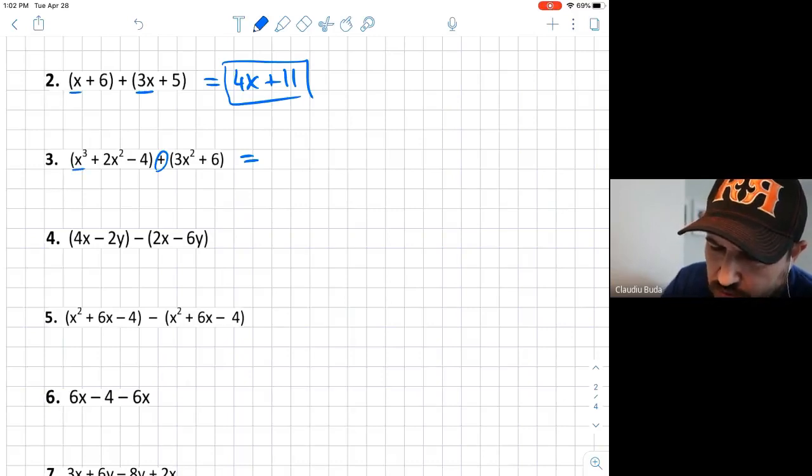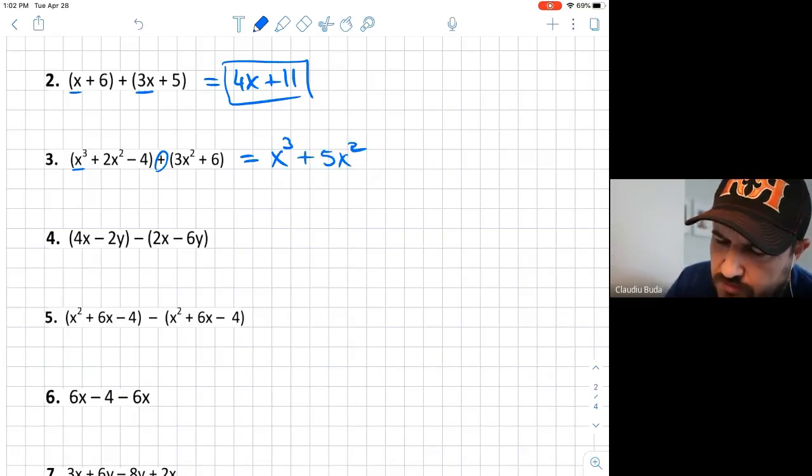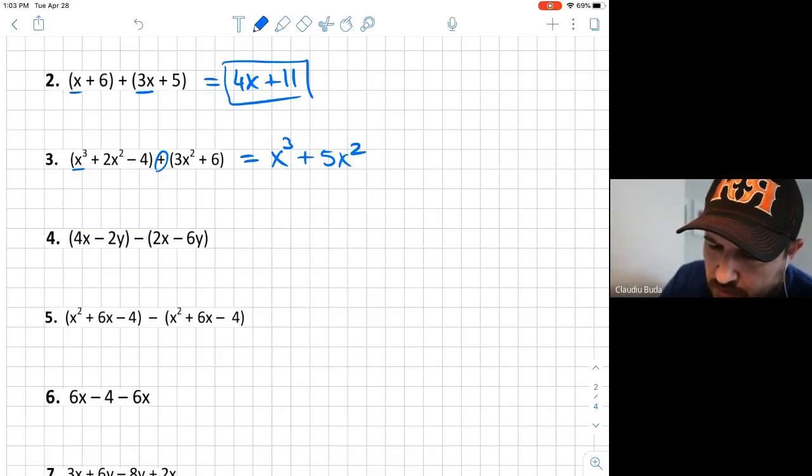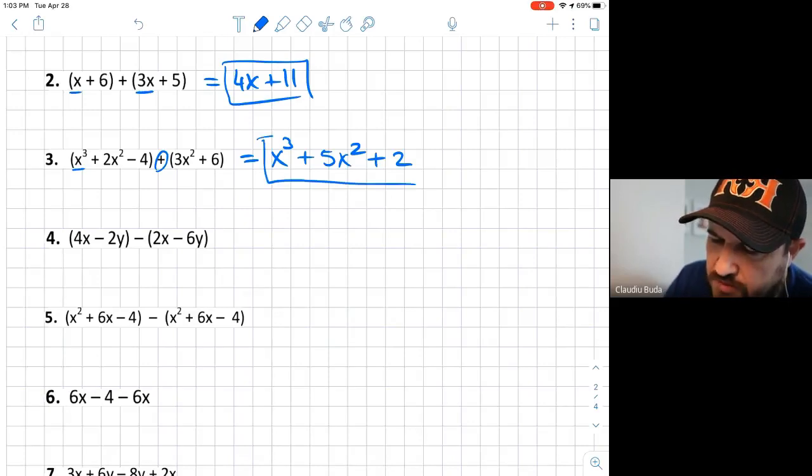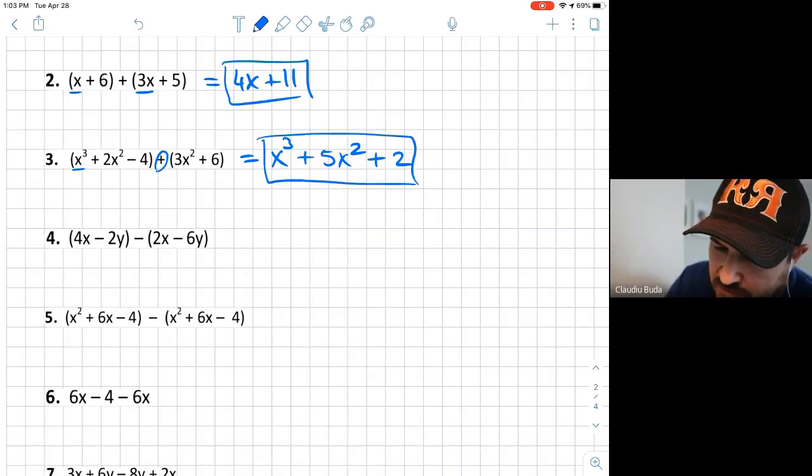X cubed has no partner, so we're just going to put x cubed. 2x squared plus 3x squared, that is 5x squared. And then we have negative 4 plus 6, that is positive 2. So x cubed plus 5x squared plus 2 is the answer.